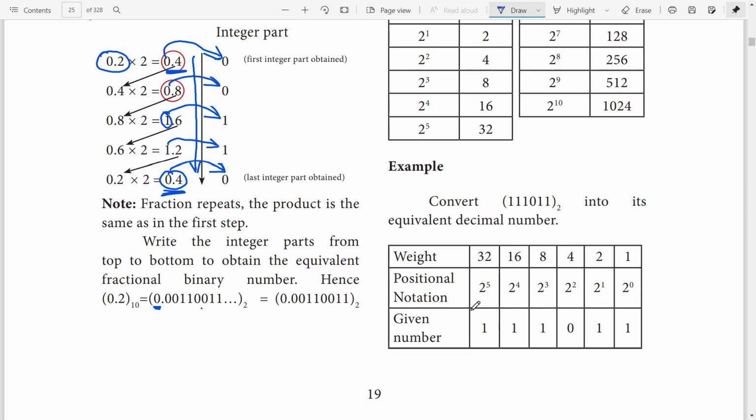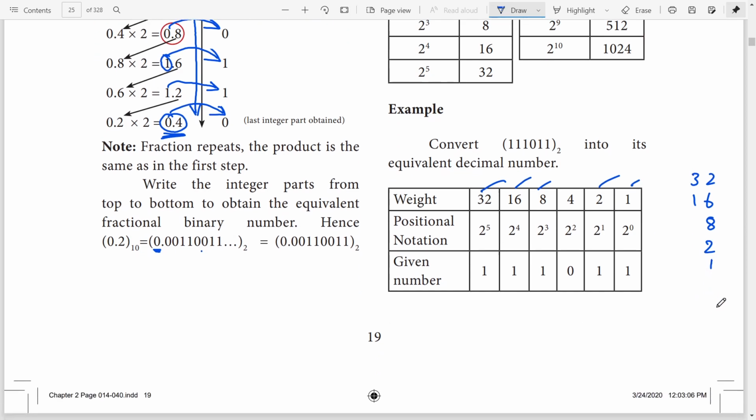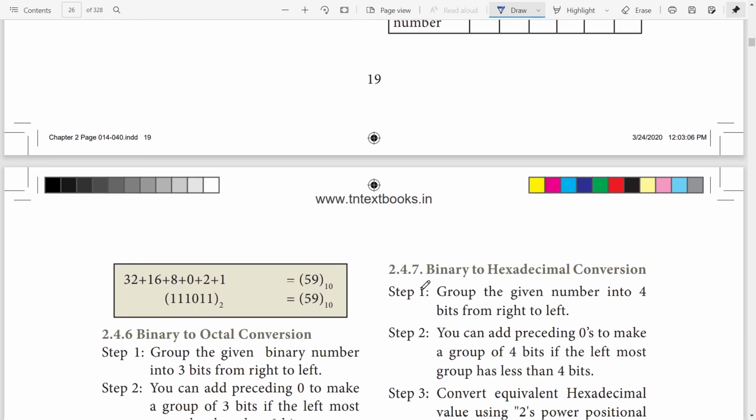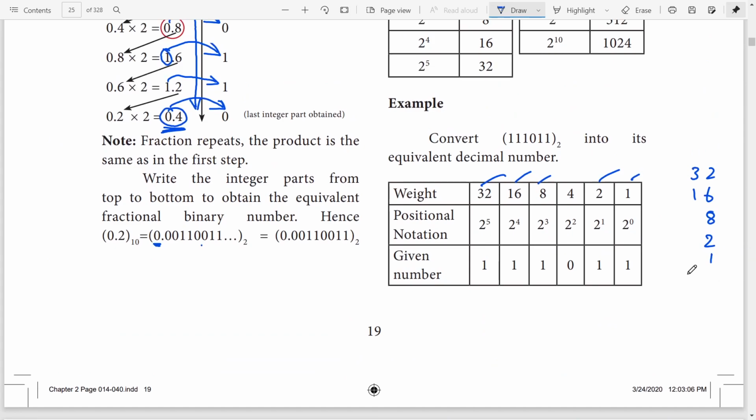You have to take the values of the 1s alone: 32, 16, 8. 32 plus 16 is 48, plus 8 is 56, plus 2 is 58, plus 1 is 59. The value is 59. Is it clear? We are going to add the values of the 1s alone.